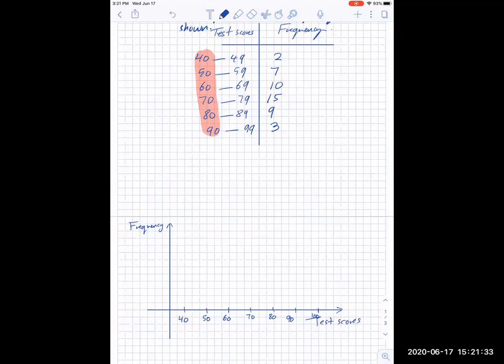So I'm going to go up by, let's say, 2, up to 16. And we're now going to graph the first bar that represents the class from 40 to 49 with a frequency of 2.